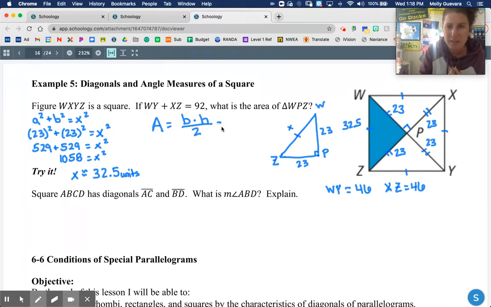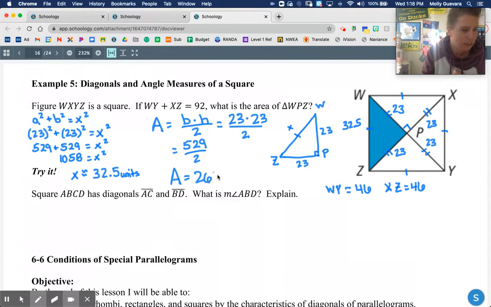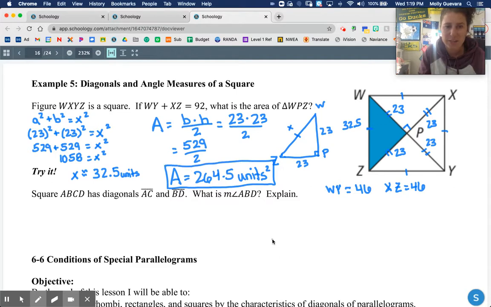Okay, because it's a right triangle, my base is 23, my height is 23, and I'm going to divide by 2, which gets me 529 divided by 2. So the area of this triangle is about 264.5. I don't have a unit, so I have to write units. And because it's area, it's units squared.